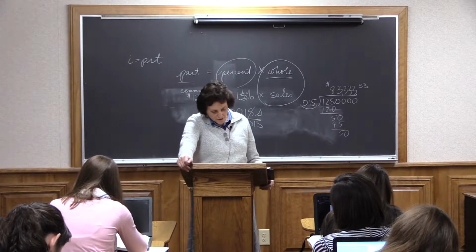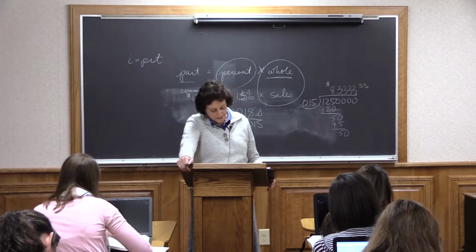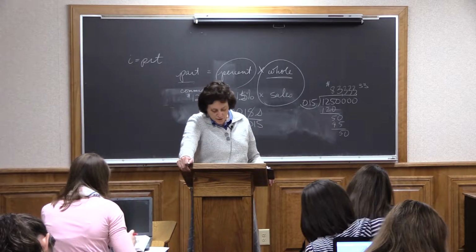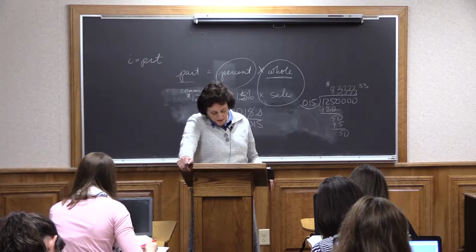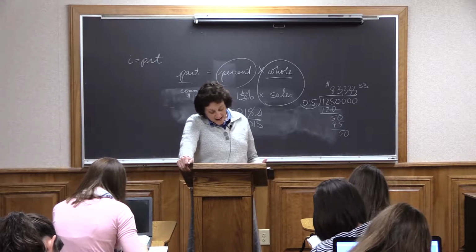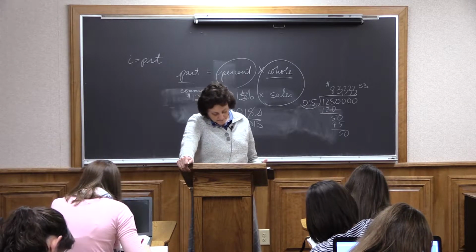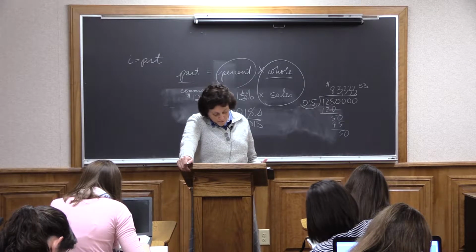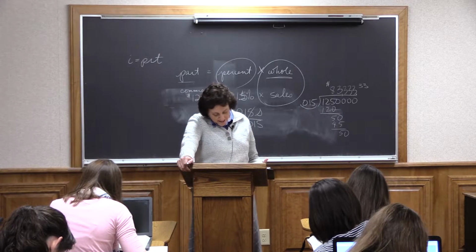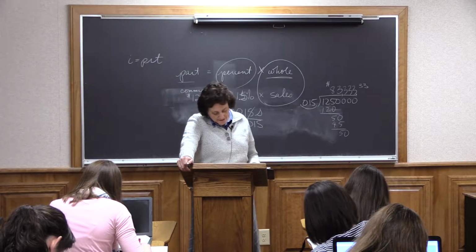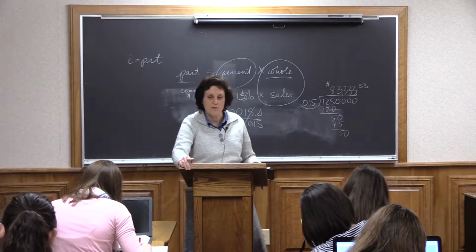So let's go through the You Try It number 3 on page 270. An insurance agent earns $27,000 per year plus a 9.5% commission on sales over $50,000. During 1 year, his sales totaled $175,000. Find his earnings for the year.